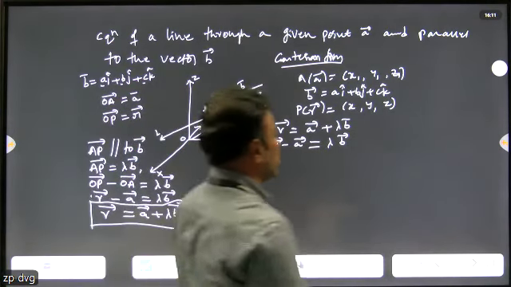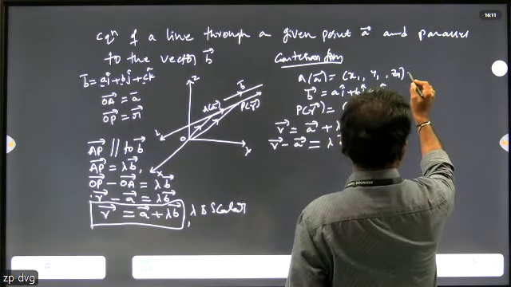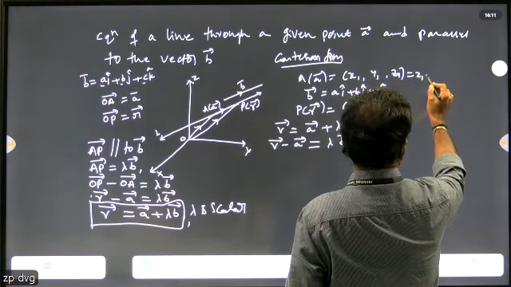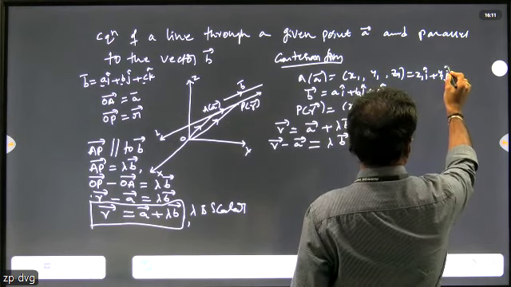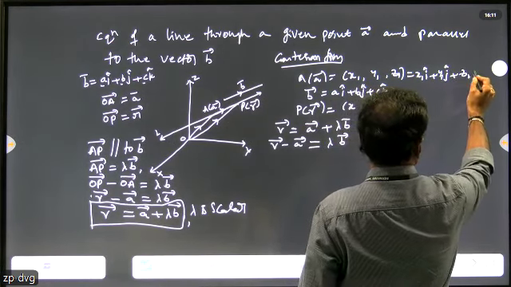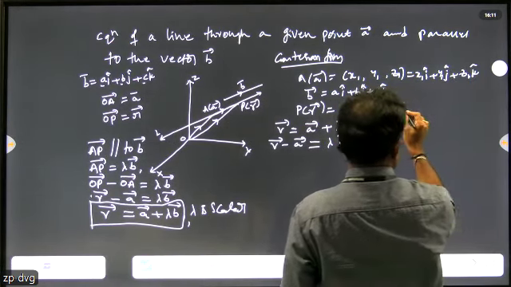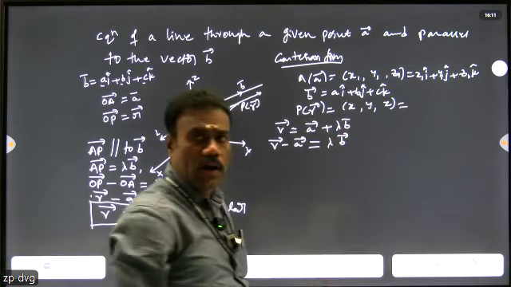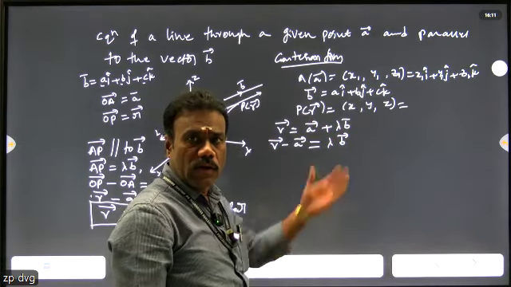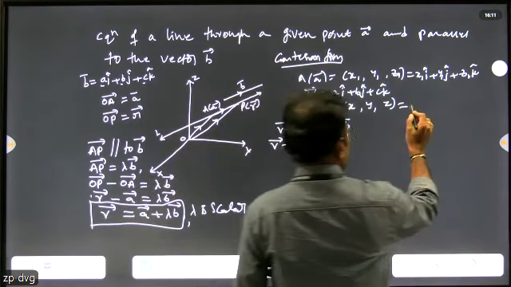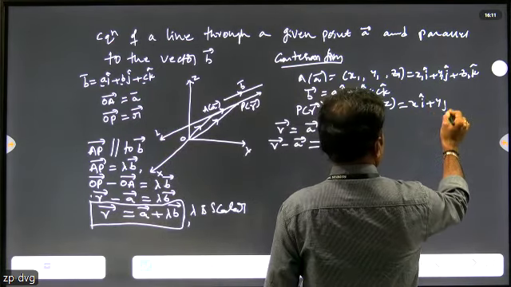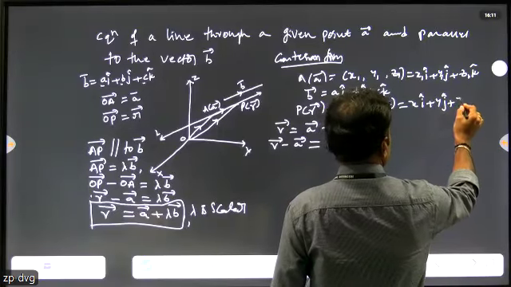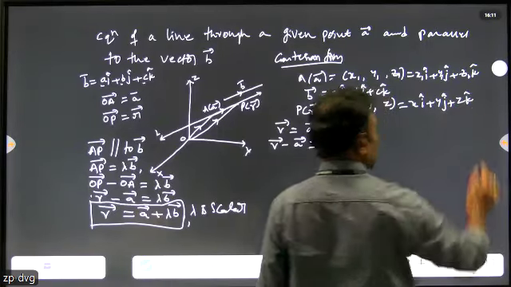What is R bar minus A bar? A bar you can write as x1 i cap plus y1 j cap plus z1 k cap, and R bar, the position of P, as x i cap plus y j cap plus z k cap.